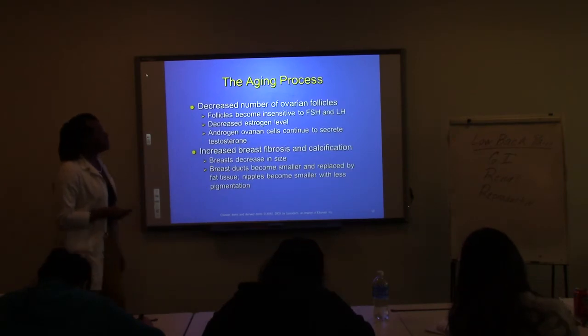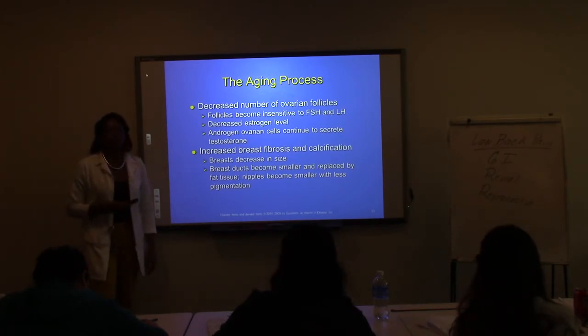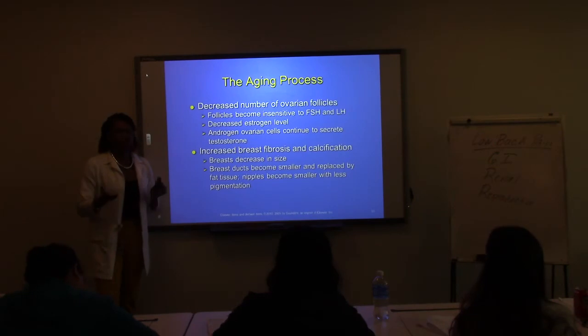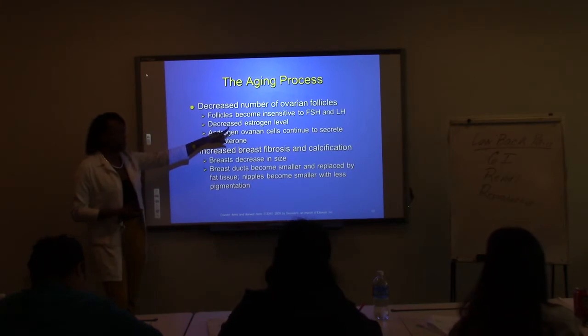So, the aging process. As females age, we know that there is a decline in the reproductive hormones, okay? However, each person is different, depending on age. Don't forget that in order for us to have a decline in estrogen and progesterone, there first has to be a decline in LH and FSH.